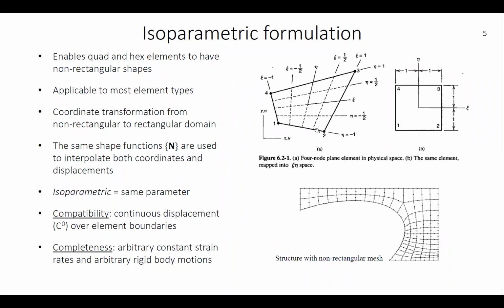So we use a concept of mapping the real domain to a rectangular domain, in which we can use a somewhat similar concept to what we have learned before from the rectangular elements. So we solve it in the mapped domain. So the global X and Y coordinate systems are now denoted Xi and Eta.